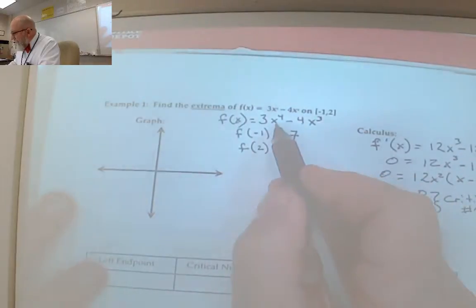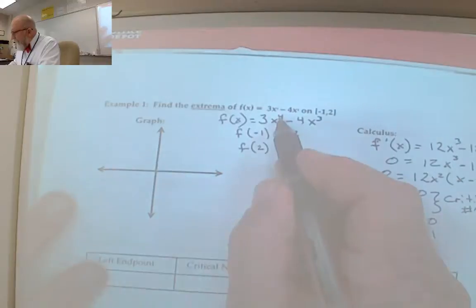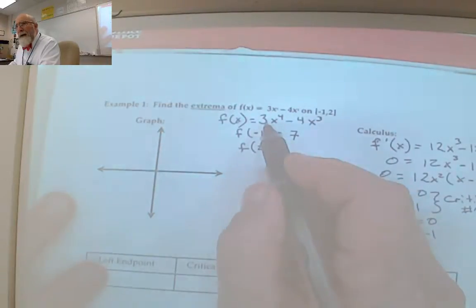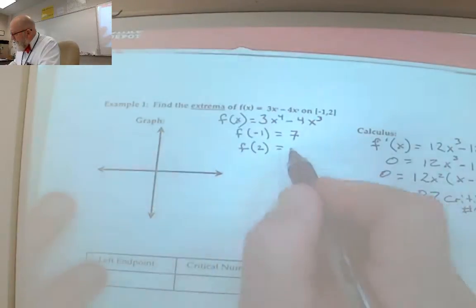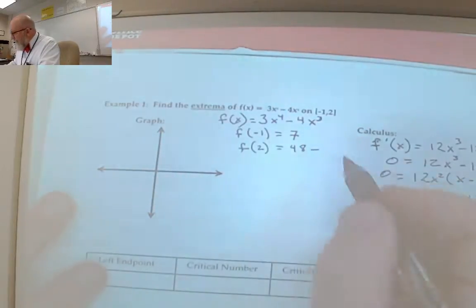So I'm going to raise 2 to the 4th power, multiply by 3. I'm going to take 2 to the 3rd power, multiply by 4. 2 to the 4th, what is that, 16? 16 times 3, is that 48? Minus 2 cubed, I believe, is 8. 4 times 8, is that 32? I get 16, don't I?